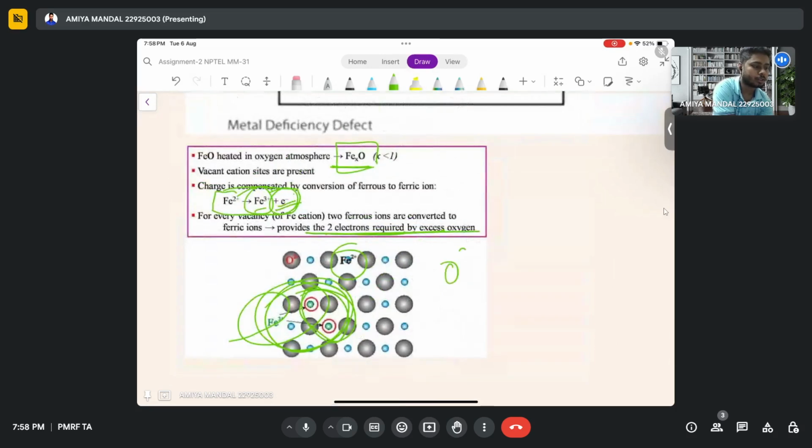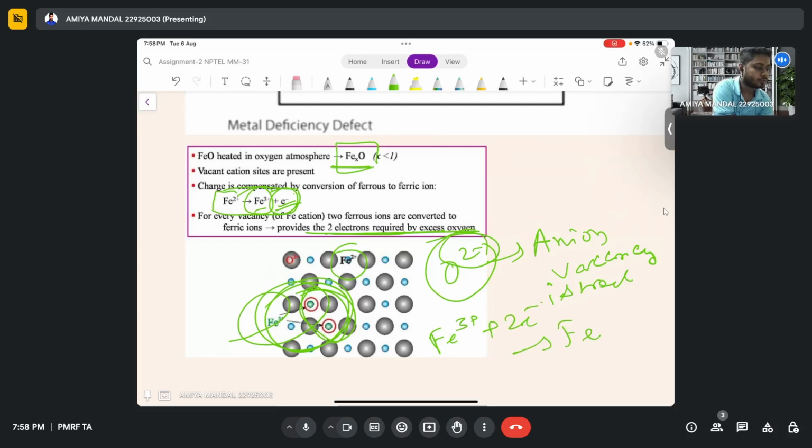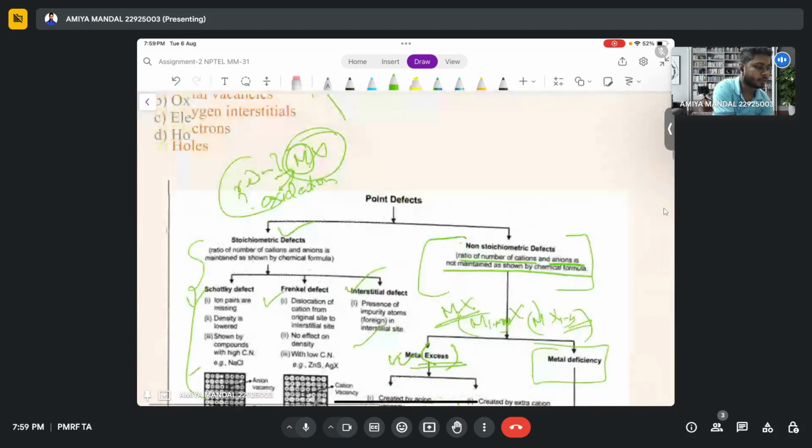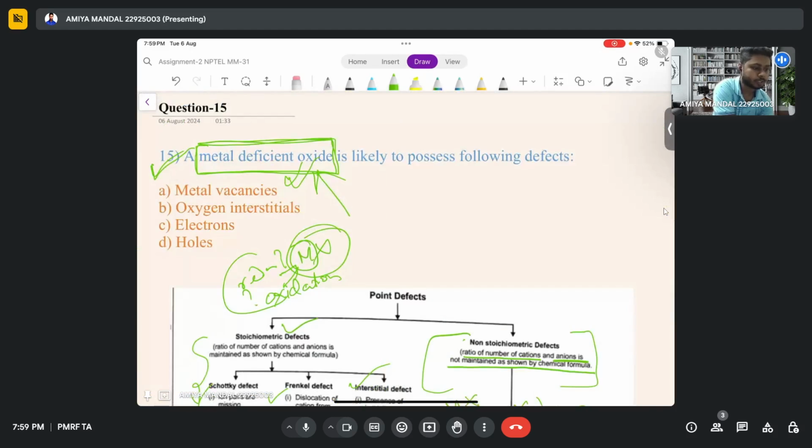For one oxygen, if one anion vacancy is created, 2 electrons are required. How are they filled? By Fe3+. That's right, Fe3+ balances it. So this is some discussion about the metal deficiency defect, which is under non-stoichiometric defect.